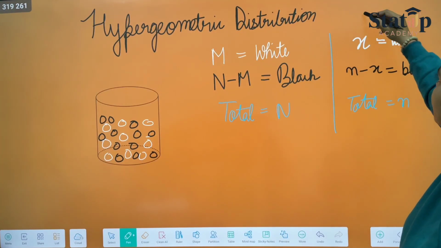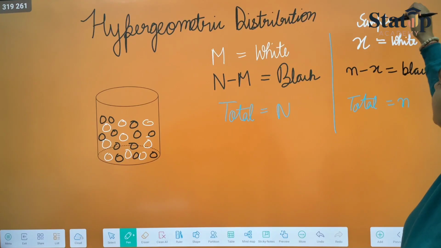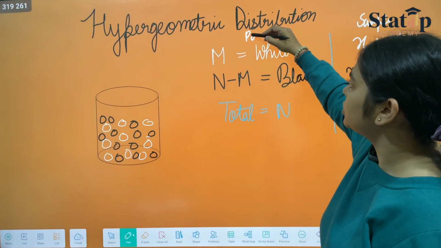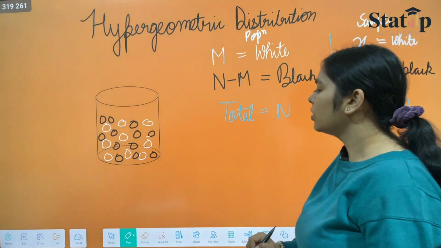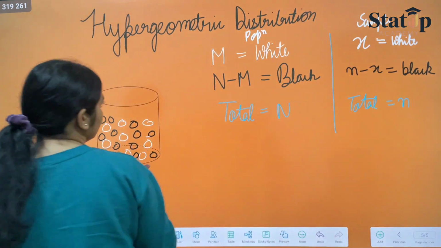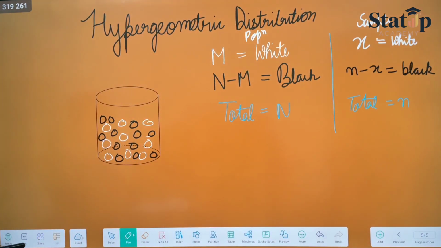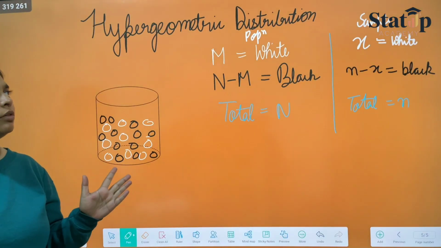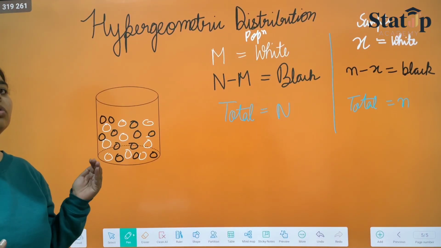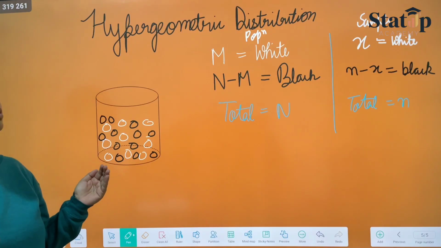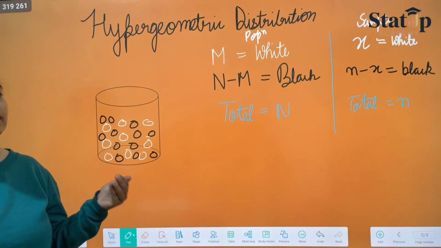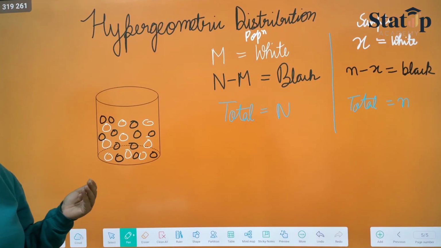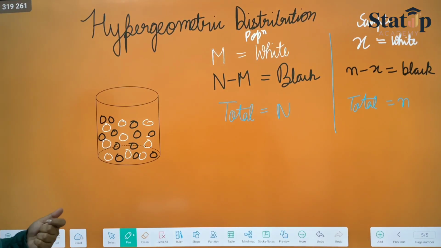So we are talking about the sample here, and this is the population or the total. Okay, so this is the concept where the hypergeometric distribution arises. From the urn, if we have m white balls, and there are total N balls in the urn, and the rest, N minus m, are black balls, and we have to take the sample of small n, where x is the white balls and n minus x is the black balls.